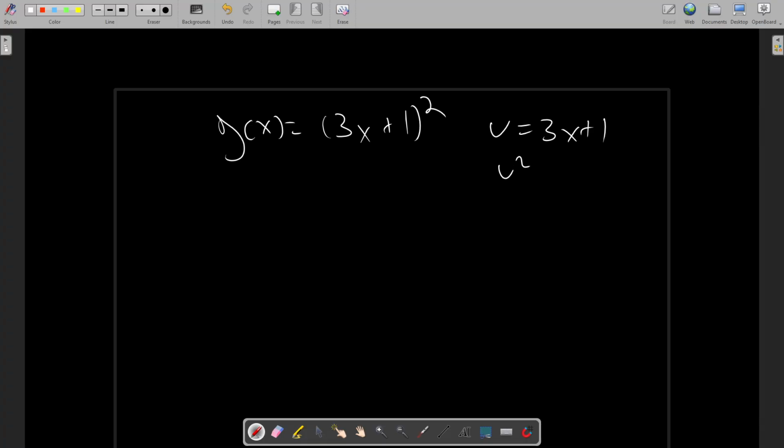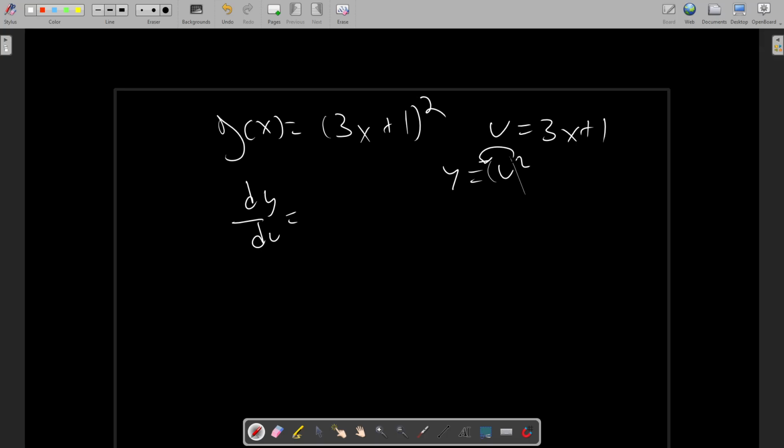So how do you find this then? Well, you take the derivative of the outer function with respect to u. So let's say y equals our u squared. If we take the derivative with respect to u, we bring this down. Think of y as u squared.